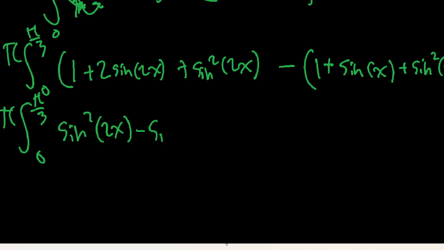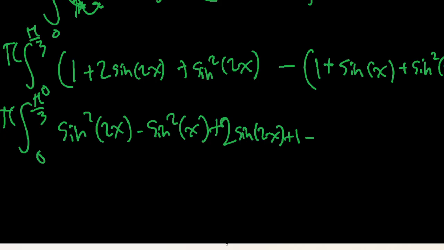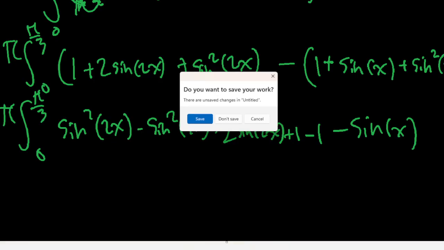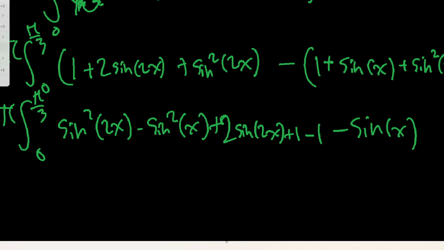So sine squared of 2x minus sine squared x plus 2 sine of 2x plus 1 minus 1 minus sine of x. You can't cancel these out. If you try to do that, then it doesn't make sense because there's different angles. Oh no, don't do that.